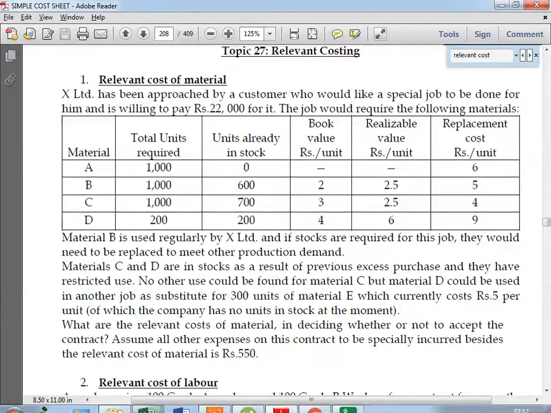Point number A, sell it for rupees 6 and earn 1200.